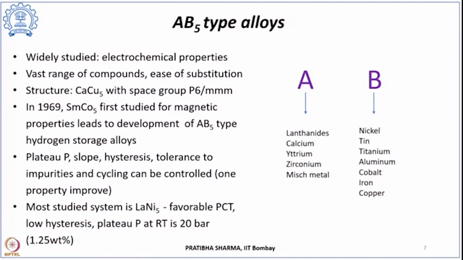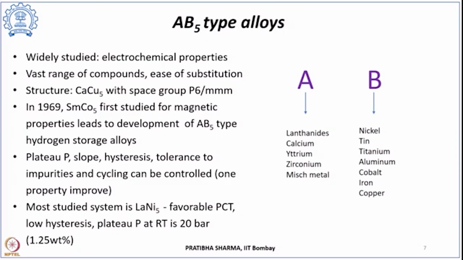Now starting with the AB5 class of compounds, these have been widely studied. This is because of their special applications, like in the case of electrochemical applications. So they have good electrochemical properties, as such these have been studied, and a vast range of such compounds have been developed.